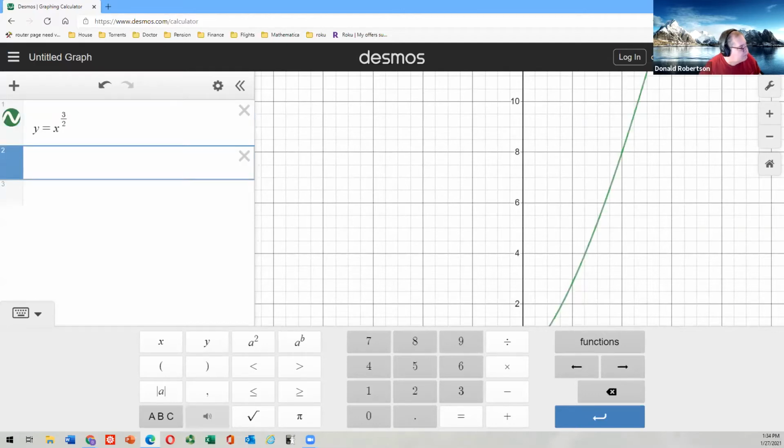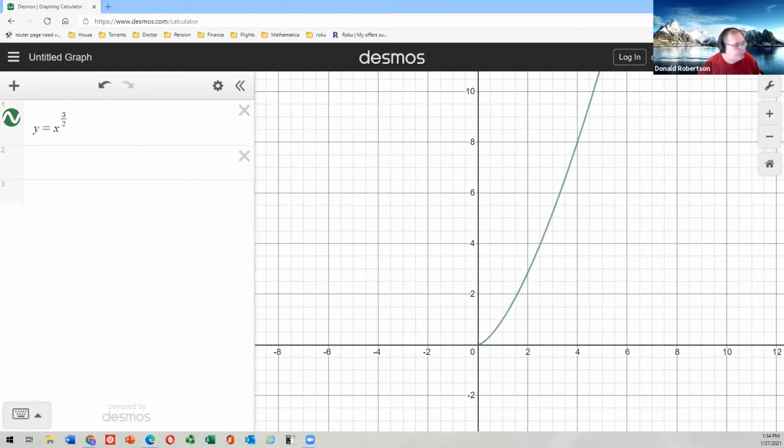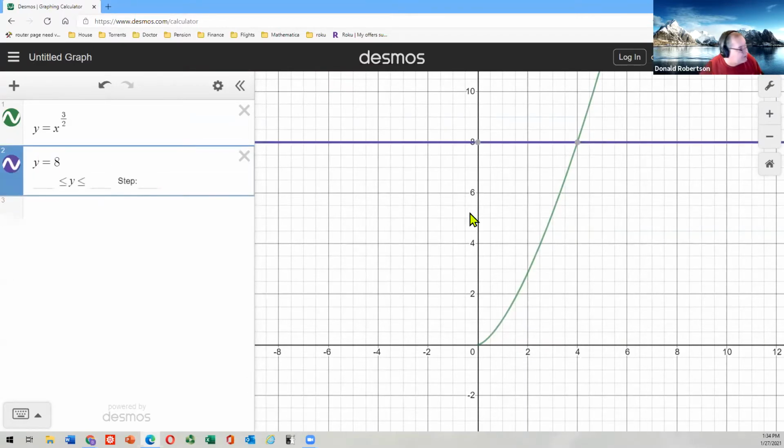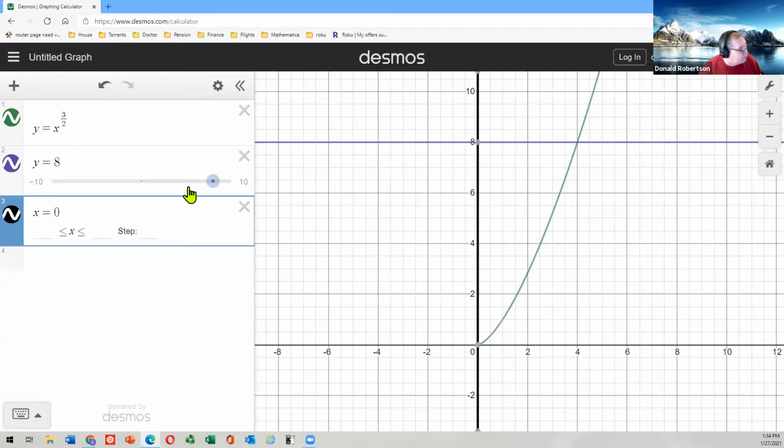And nothing that special will make this go away. Just a curve, right? And nothing particularly unusual about it. We had some other things to do. We have a y equals 8, which is this blue line going that way. Okay, done that. And we have an x equals 0, which, by the way, is the y-axis.